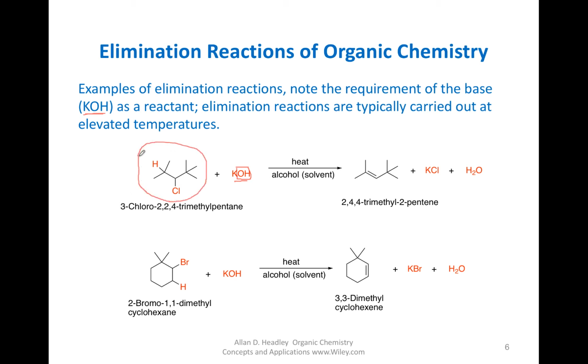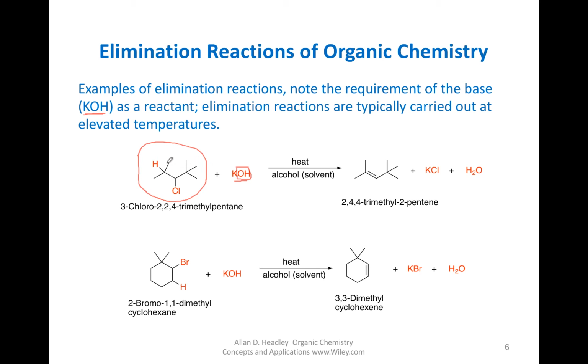And what I want you to do is to look at that molecule carefully and make some observations. The first observation is it has a chlorine, which means it's a good leaving group. Why is it a good leaving group? Because after it has left, taking its bonding electrons, it's a conjugate base, Cl minus, and that's pretty stable.